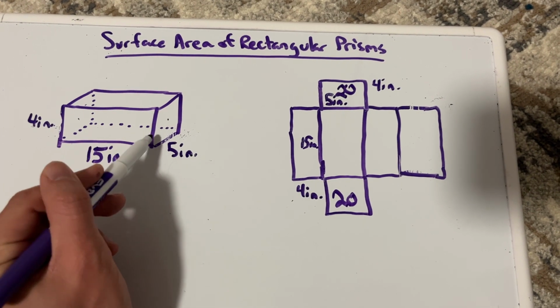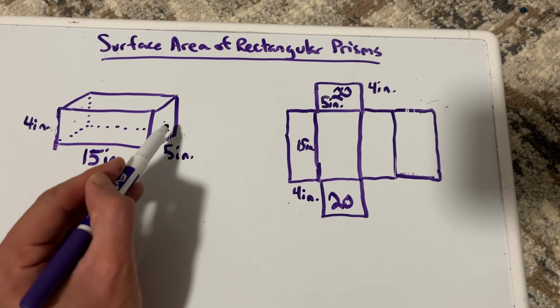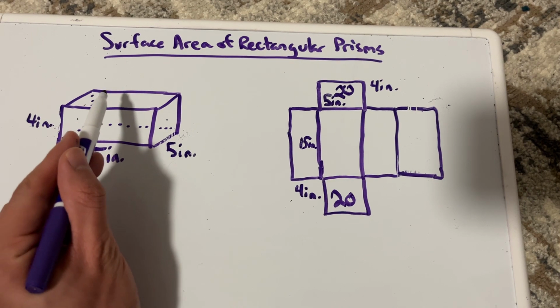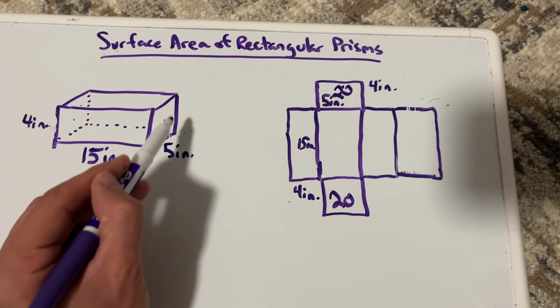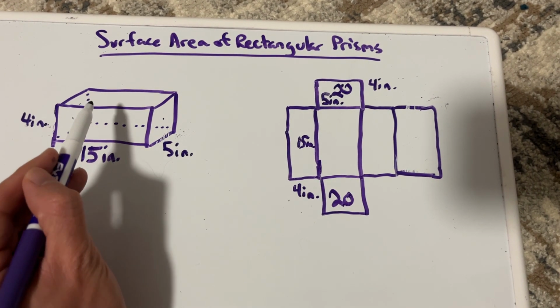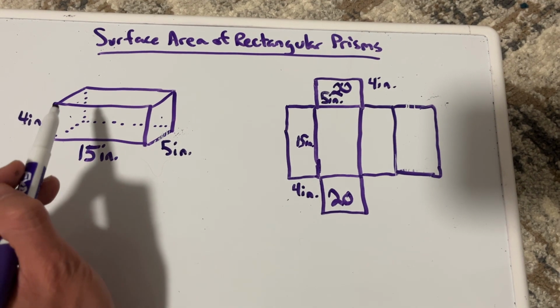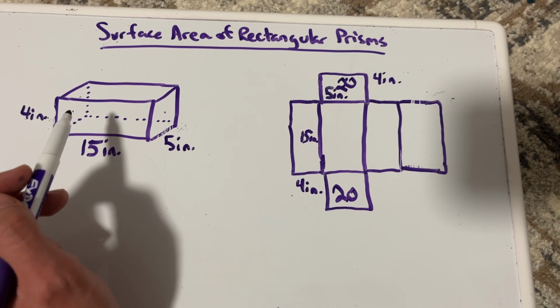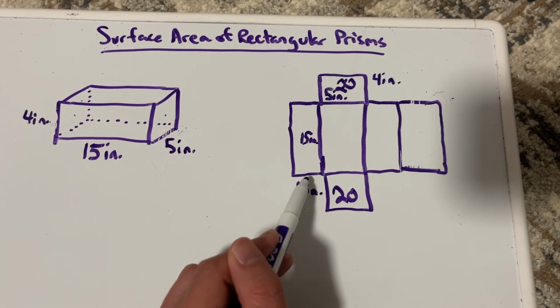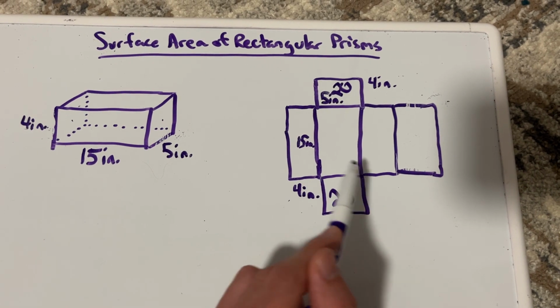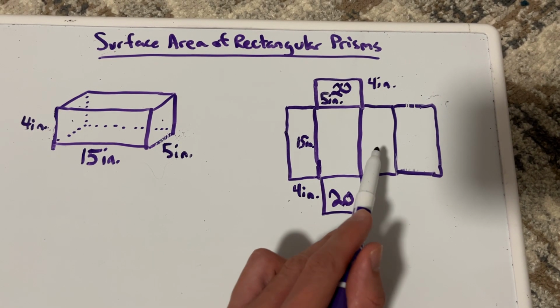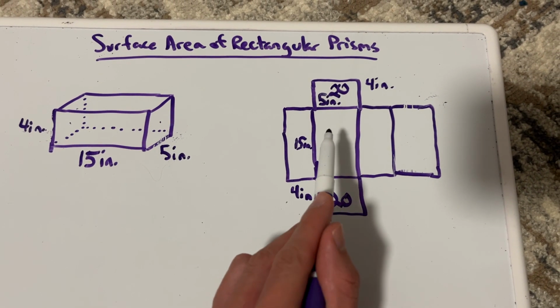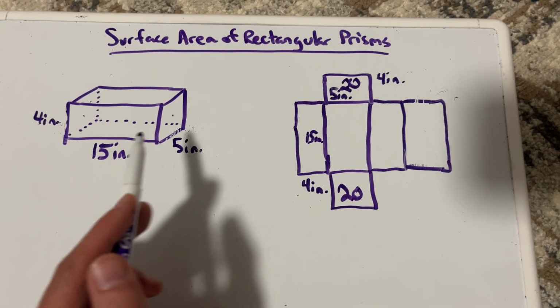This side in the front and this side in the very back, as you can see by the dotted line here, this rectangle in the very back and this rectangle in the front are the exact same. This rectangle and this rectangle are the same because they are on opposite sides of each other, separated by the bottom and the top.